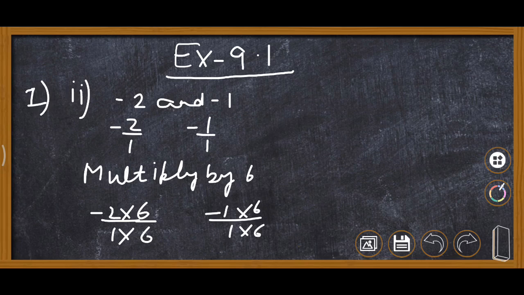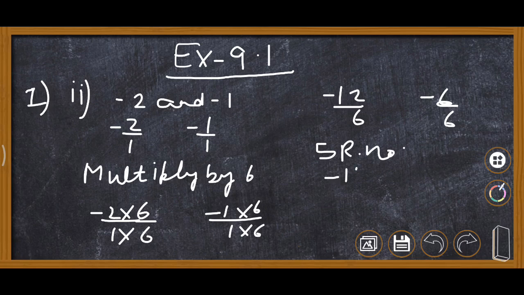Now you can see this is -12 upon 6, and this is -6 upon 6. Now the 5 rational numbers are -11 upon 6, -10 upon 6, -9 upon 6, -8 upon 6, and -7 upon 6. So in this way you are required to do this.